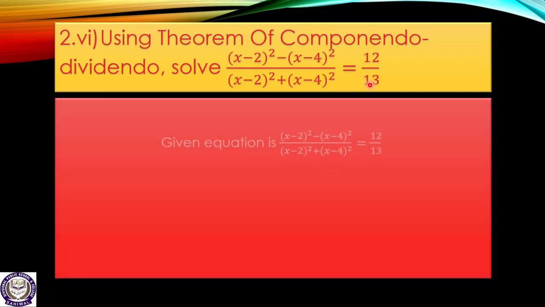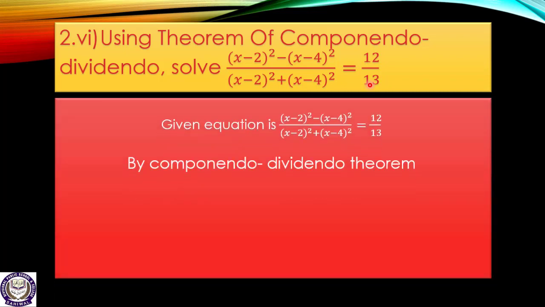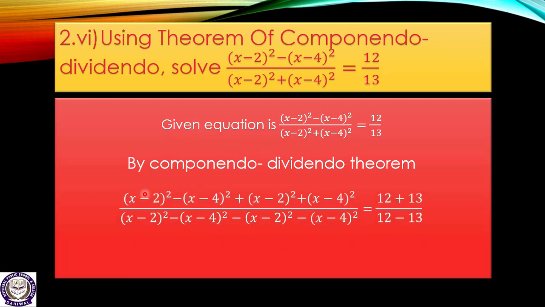By applying the componendo-dividendo theorem, we get first term plus second term over first term minus second term, which is equal to (12 + 13)/(12 - 13).